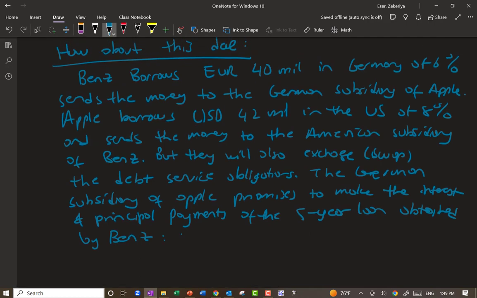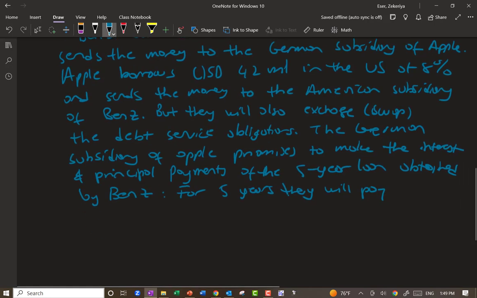Hence, for 5 years they will pay 40 million euros times 6%.